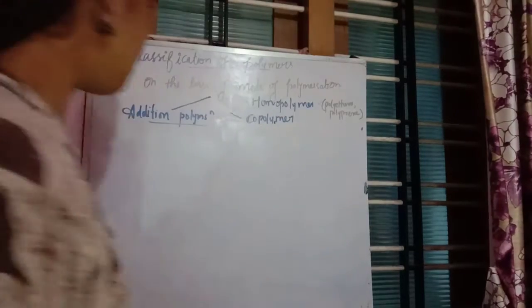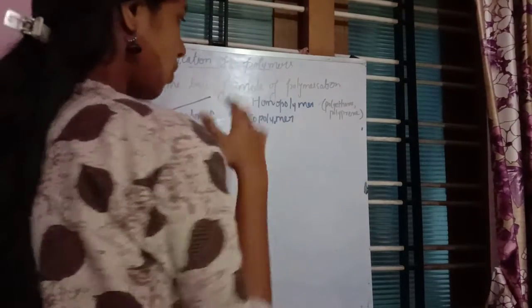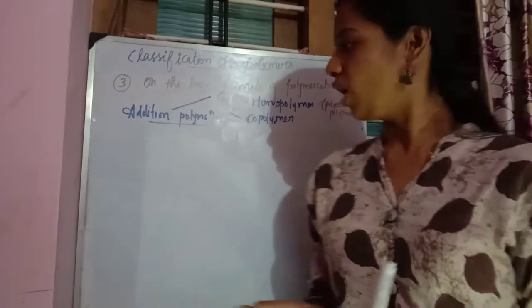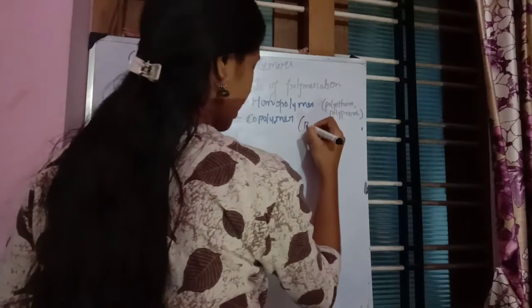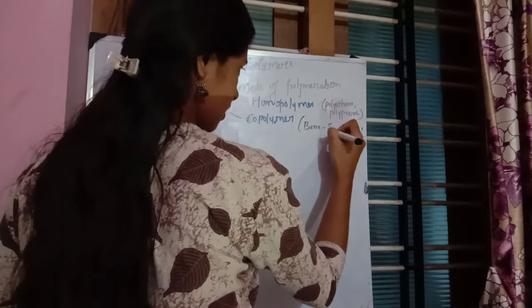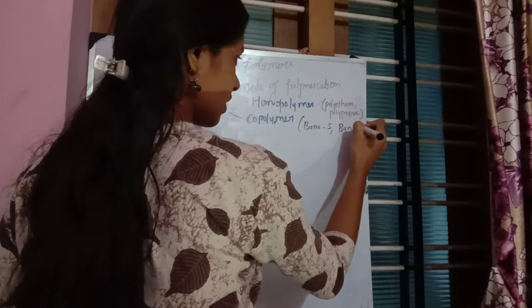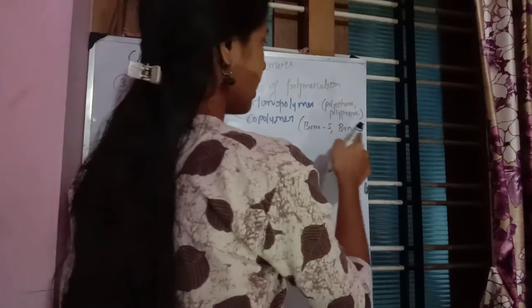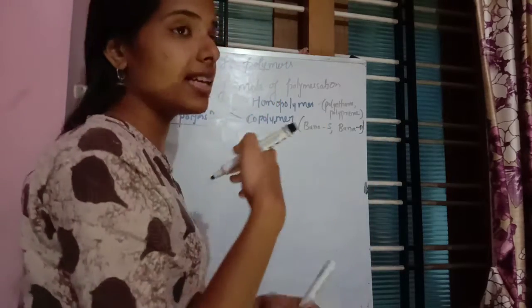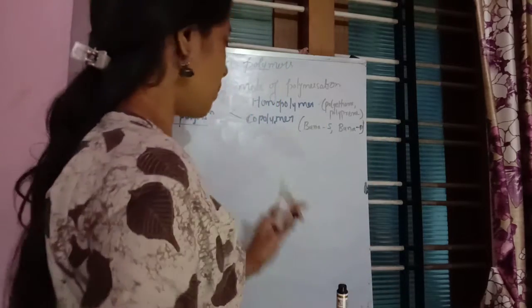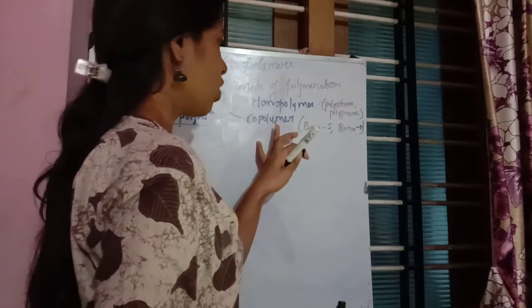So a copolymer is a polymer that is formed from two different monomers. Now the examples of copolymer are Buna S, Buna N. These all are synthetic rubbers, right? So Buna S, Buna N, all these are copolymers, or you can call them heteropolymers also. But in the NCERT they have mentioned it as copolymer.